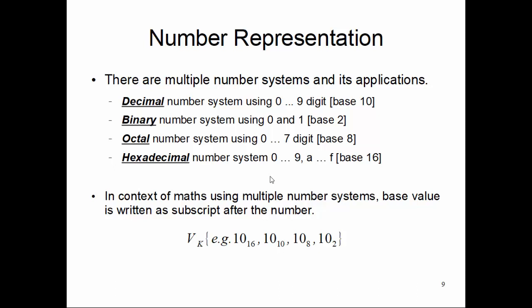Okay, the difference between these four systems, or any other system, is that the symbols can be similar or different. For example, for these four categories, the symbols look the same. We are using either 0 to 9, or 0 and 1, or 0 to 7. And for hexadecimal, we extended our symbol set by adding the letters A to F. By the way, it doesn't matter whether you use a small or capital letter, they have the same value.